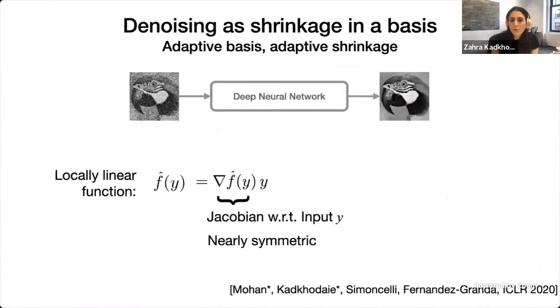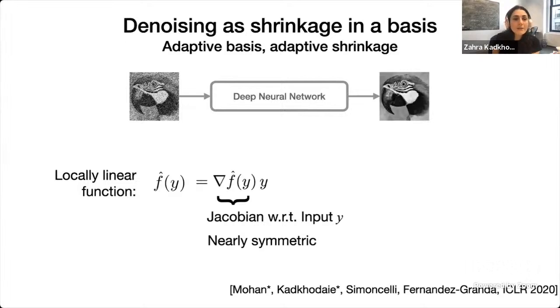So now it turns out that we can interpret the deep neural network denoiser as a shrinkage in a basis where both the shrinkage factors and the basis are adaptive. So let's see how it works. The denoising mapping is locally linear. So f hat is locally linear.